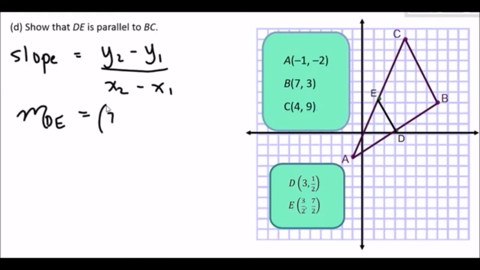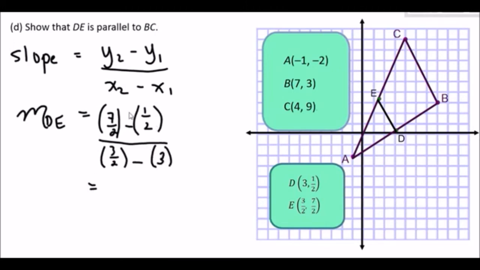So y2 minus y1 over, let me just fix my brackets here, over x2 minus x1. Okay. So again, don't worry too much that there's fractions inside of fractions. We'll deal with it.